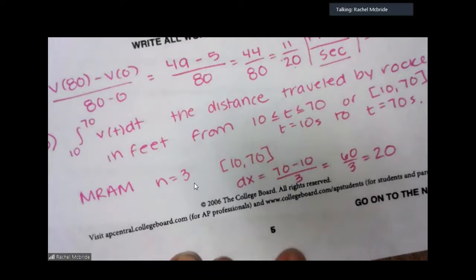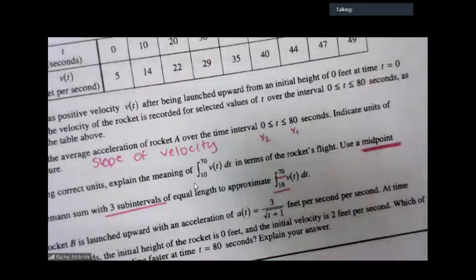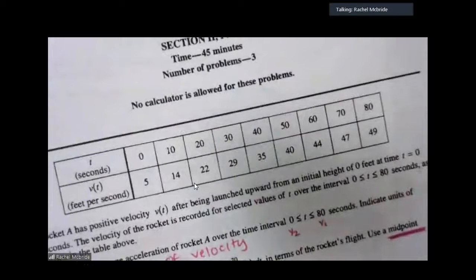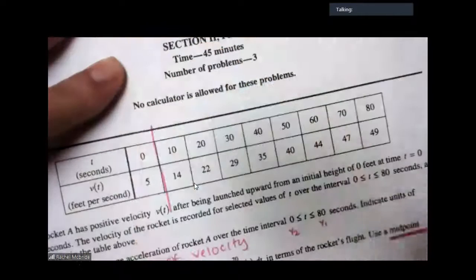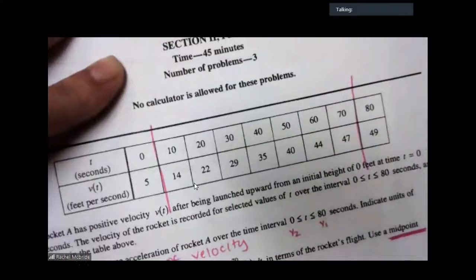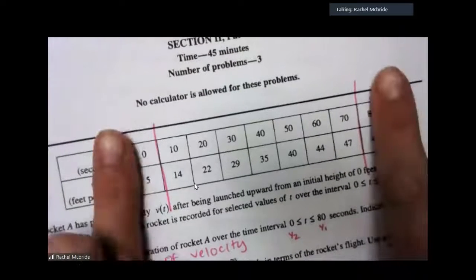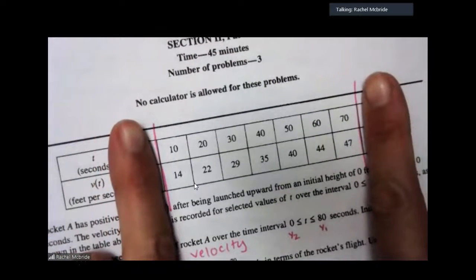Now I need to find the heights. We're talking about 3 subintervals from 10 to 70, so we're completely ignoring the 0 and the 80.